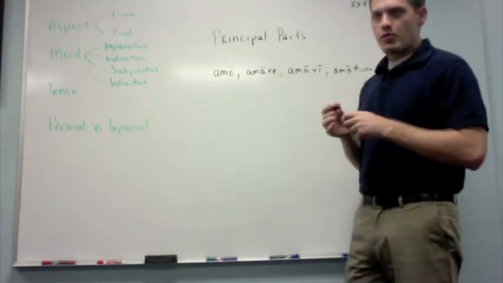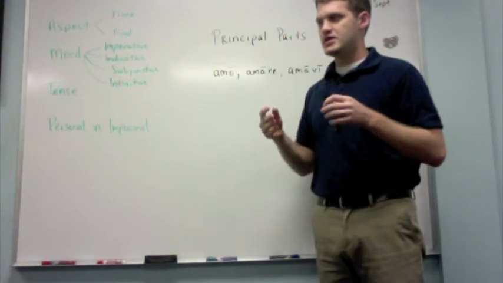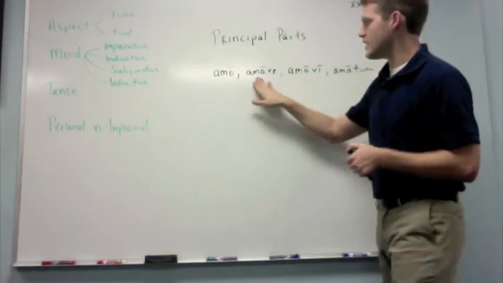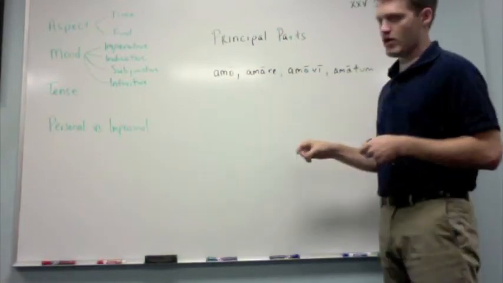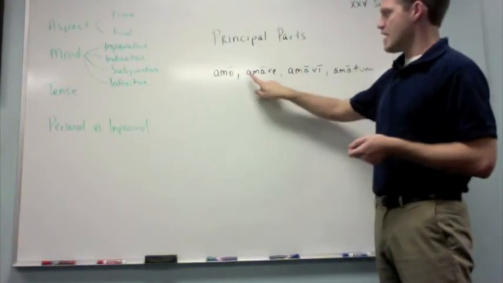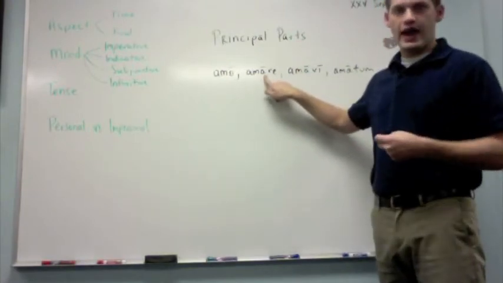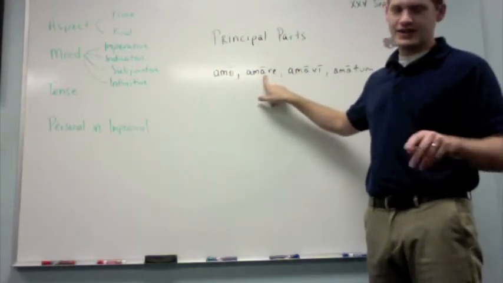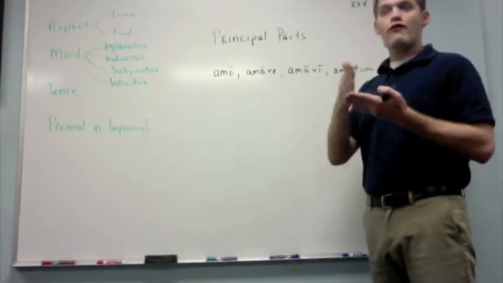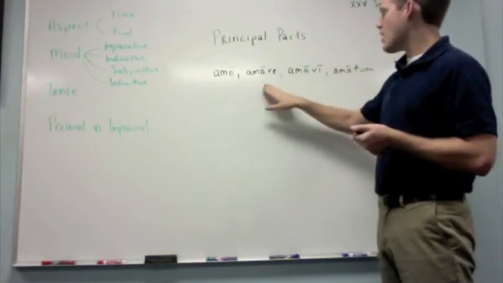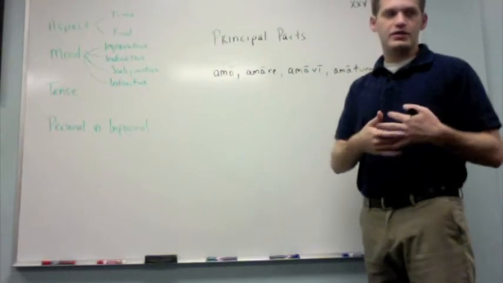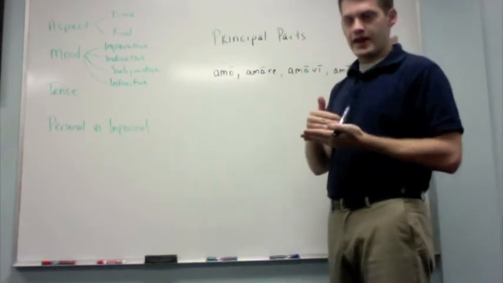When we say principal parts, what we mean is these 4 forms, sometimes 3, that are listed in a dictionary for a verb. So first conjugation, first pattern verbs that have the long A in the infinitive, we'll get into that in a second, will follow this pattern if they're regular. So amo, amare, amavi, amatum. Laudo, laudare, laudavi, laudatum. Anyway, they'll follow this standard pattern.